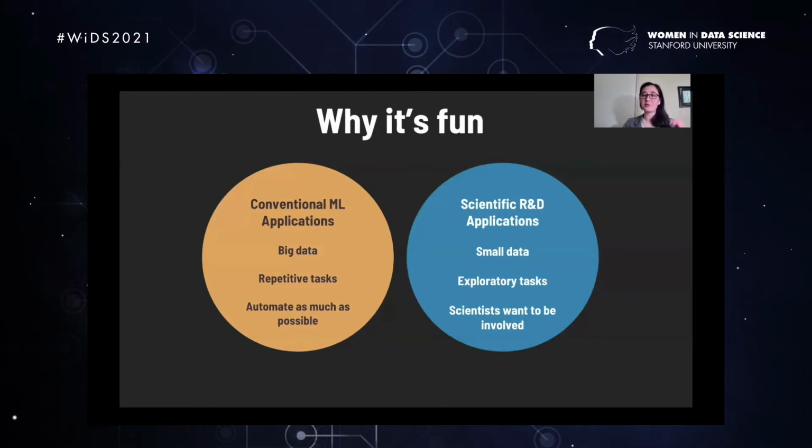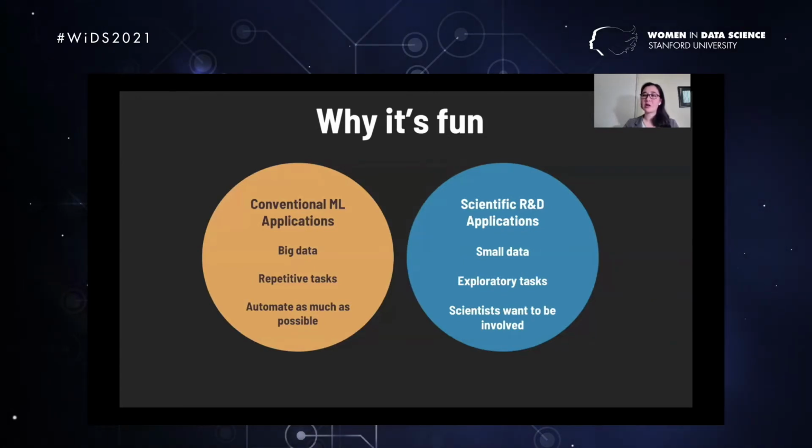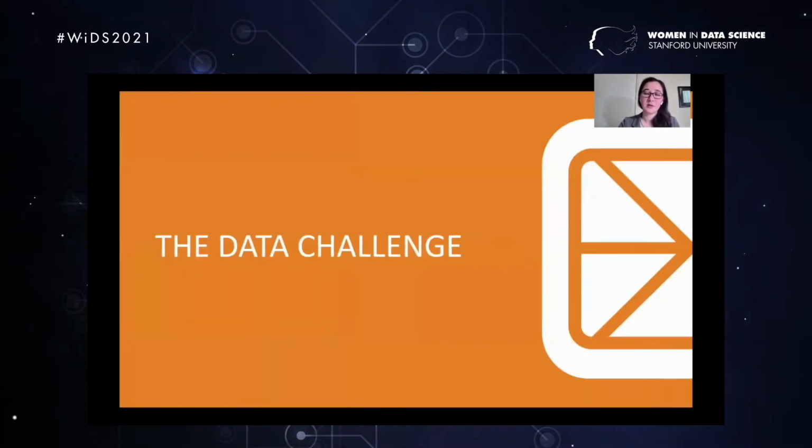After I go through each of these three categories, I'm going to talk about two case studies from real-world use cases of machine learning for scientific R&D applications, so that we can see how these different approaches play out in real use cases. I'm going to start with the data challenge, which is appropriate because machine learning always starts with the data.